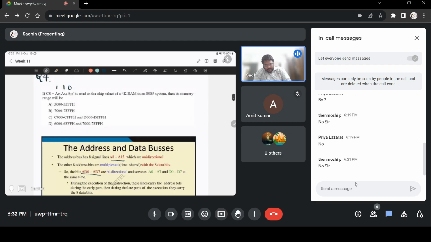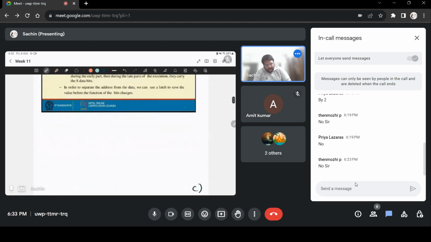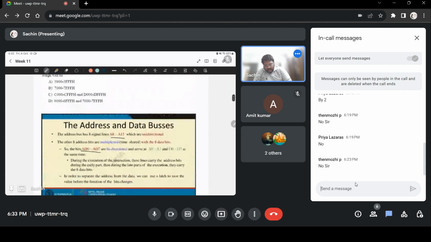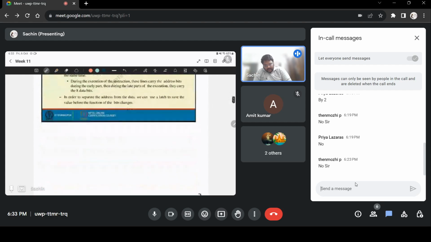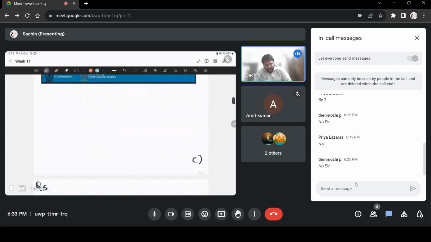There are how many more bits? 13 more bits, right? Those can take any value. They can take from 0, 0, 0, 0, 0 to 1, 1, 1, 1. So the lowest value that your entire address bits can take is 110, and then you have zeros everywhere else, right?